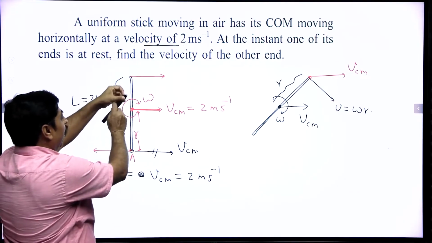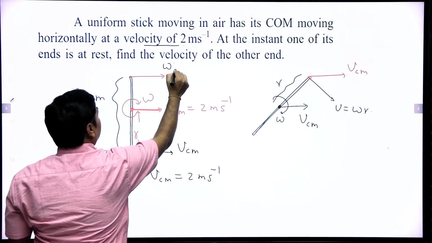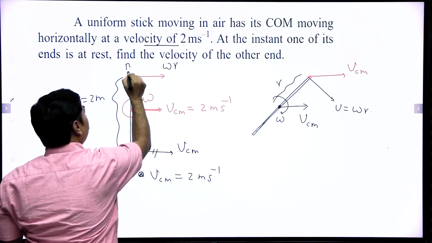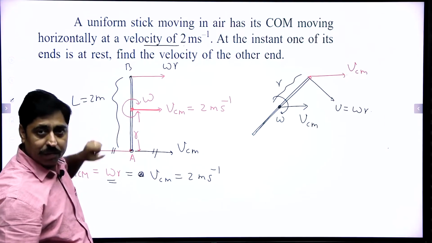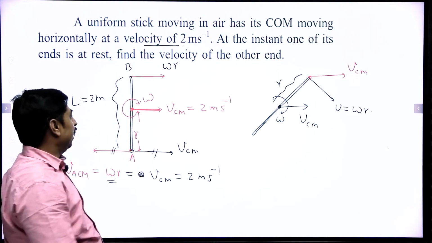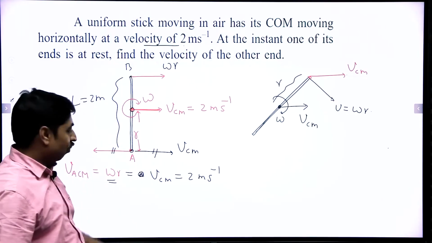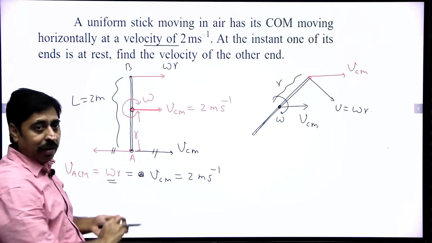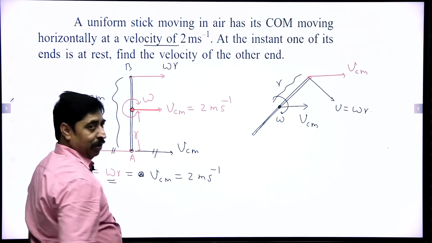If this stick is rotating like this, in the reference frame of the center of mass, the velocity of this particular point B will be omega r. R is this length, the same length. It is a uniform stick, so the center of mass is exactly at the geometrical center. So the value of omega r will be the same as obtained here, but in the reference frame of the center of mass point B has a velocity towards the right.